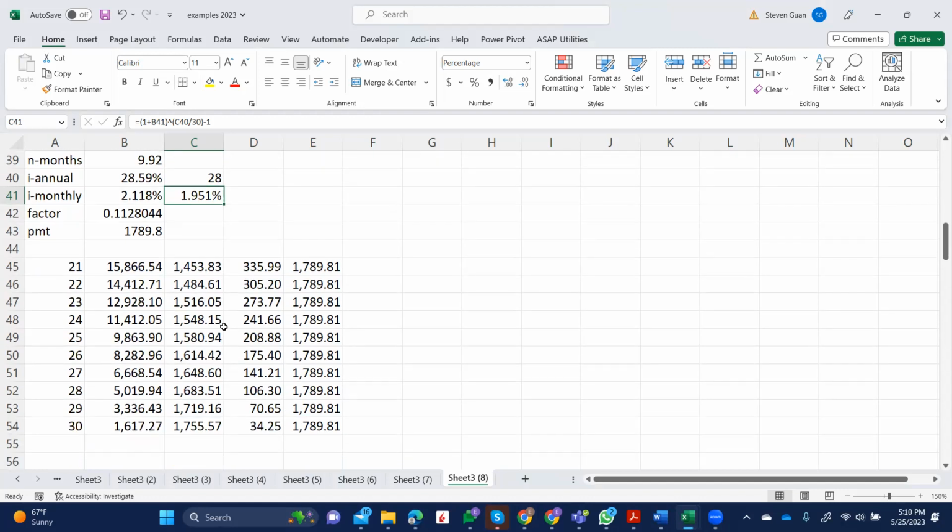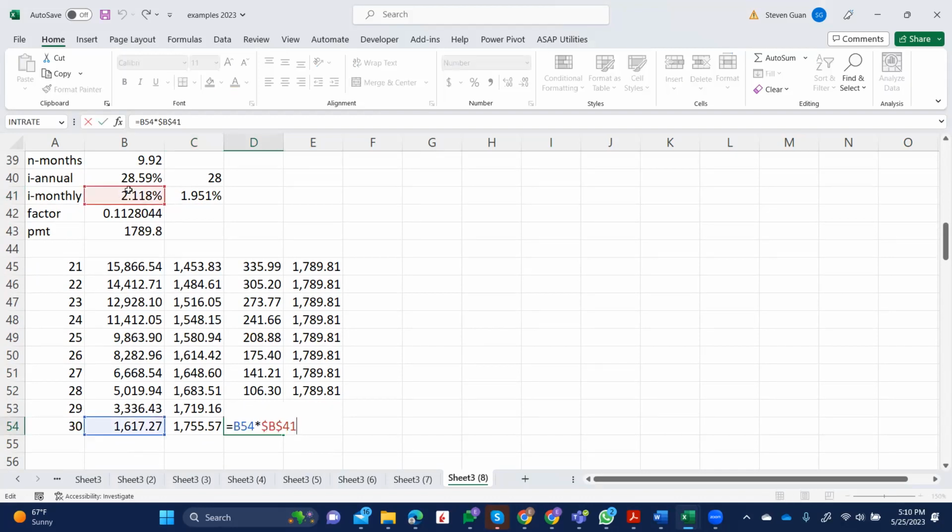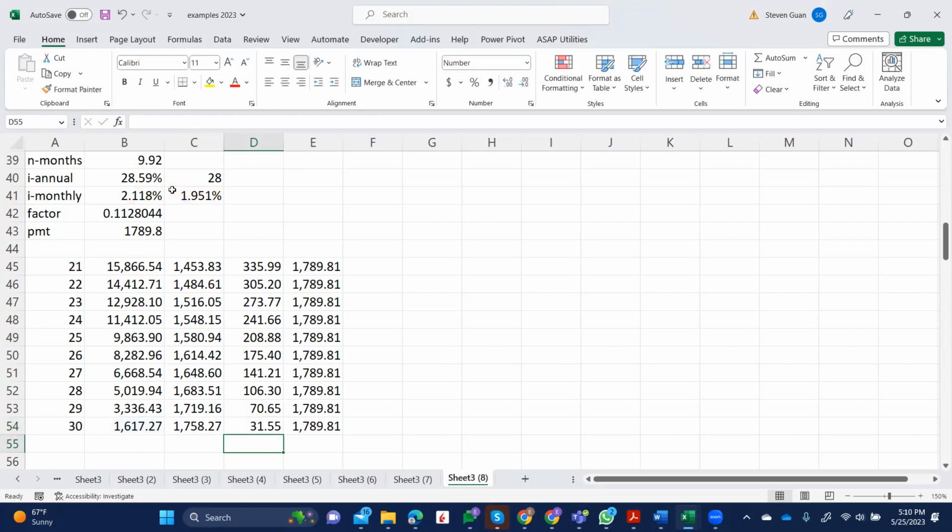Okay, so let's adjust the last month. So we know that the interest of the last month is not this one. This one here is using this one here. What we need to do is use this one here. So we adjusted our interest rates.